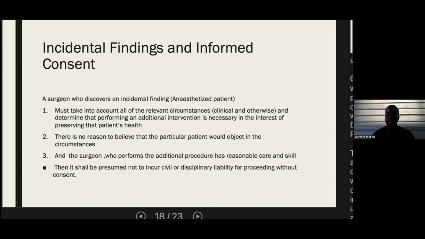So during the operation, the left tube was removed as planned, and the gynecologist observed that the right fallopian tube was inflamed and it had pus that was draining. So this gynecologist told the court that they did not consider allowing the woman to wake up from the anesthetic to discuss these findings with her because they considered it an emergency situation.